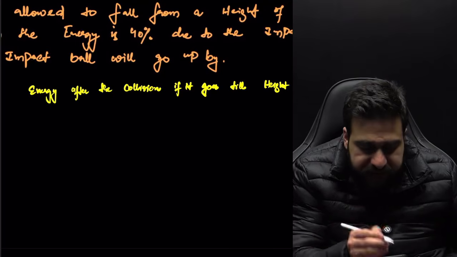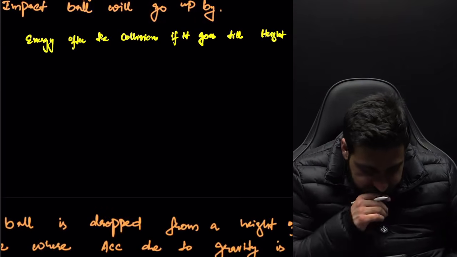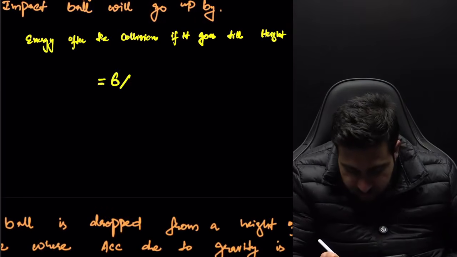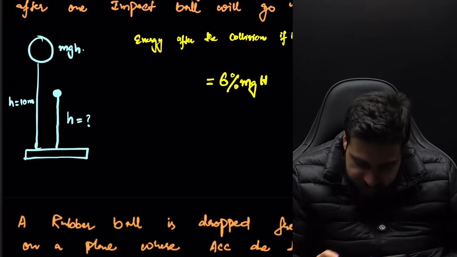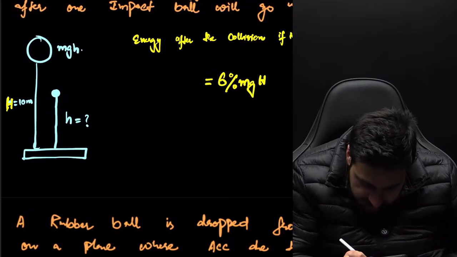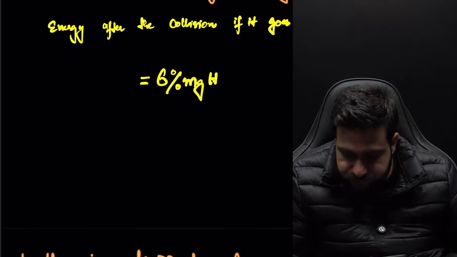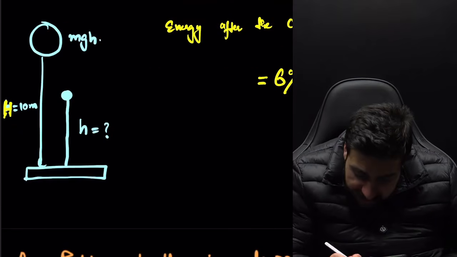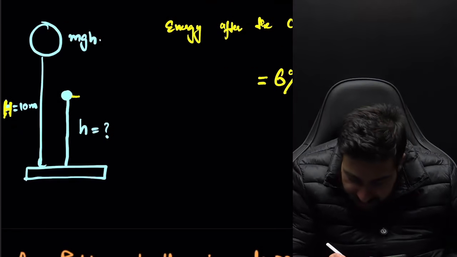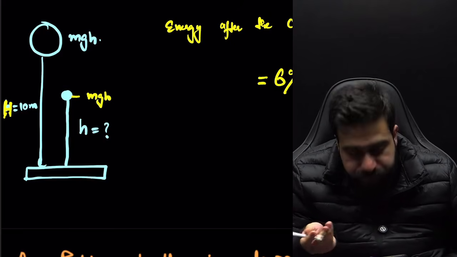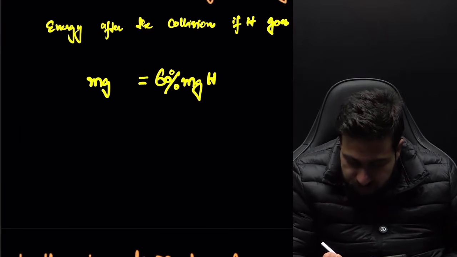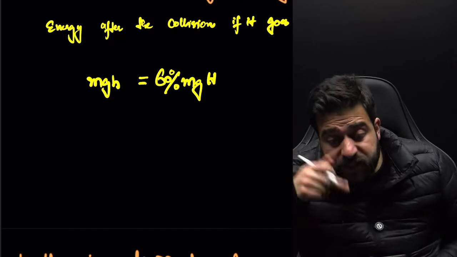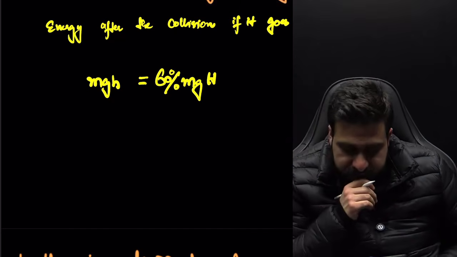So at this height, the energy is going to be 60% of mg into H, keeping this at capital H. And what is the energy at this point? That is mgh, small h. So the value of mg into small h is 60% of mg into capital H.